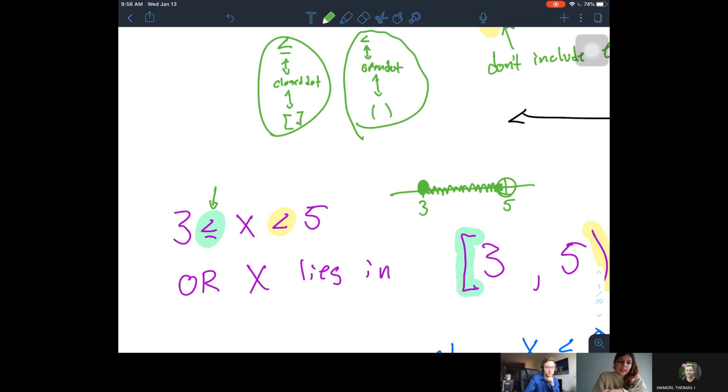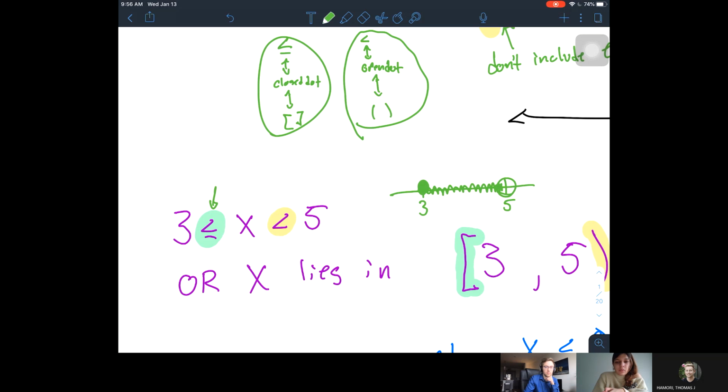So it means that 3 is smaller or equal to x, right? And on the other hand, x is smaller than 5.